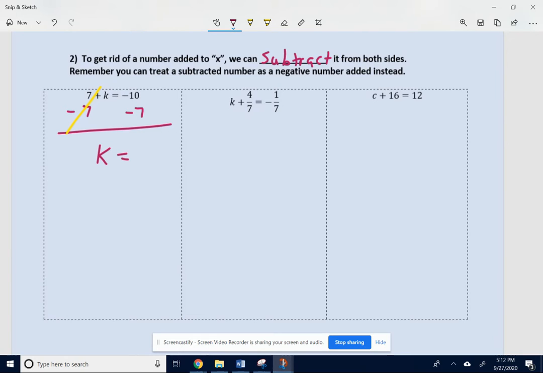And now we have a negative 10 minus 7. As I mentioned before, think of that as a negative 10 and a negative 7 combined together. When we did tiles, we had 10 reds, and we have 7 more reds.